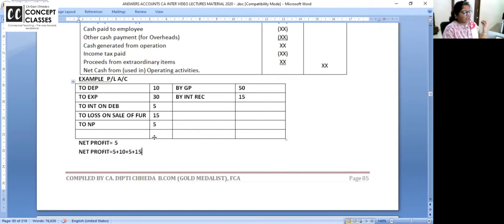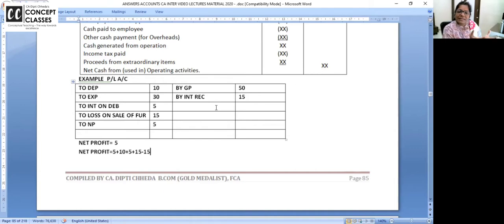It's a book entry. And now this 5 rupees net profit has this interest received also that I want to remove. I can't go and scratch it here. Look at my cursor. I can't go and scratch it. So can I deduct it? Why am I deducting here? Because interest is not my operating income. Then why did I write here? Bank to interest received. So the accountant has put it in the P&L account.